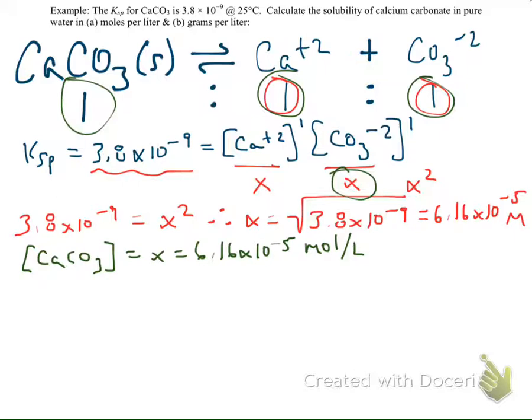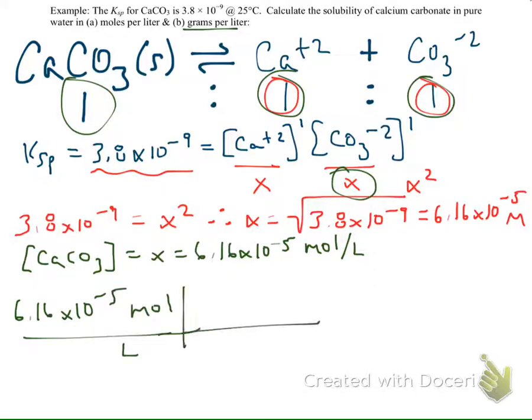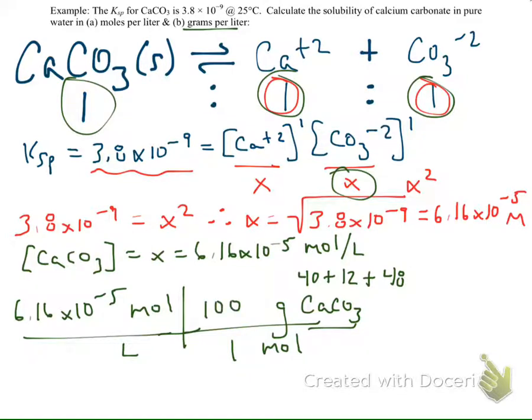If we want to determine how soluble it is in grams per liter, we just do a little bit of stoichiometry. 6.16 times 10 to the negative 5th moles per liter, knowing that we need to cancel the moles, getting to grams of calcium carbonate. Calcium has a molar mass of around 40, plus carbon's 12, plus 3 oxygens is 48. And so this is very close to 100 grams.